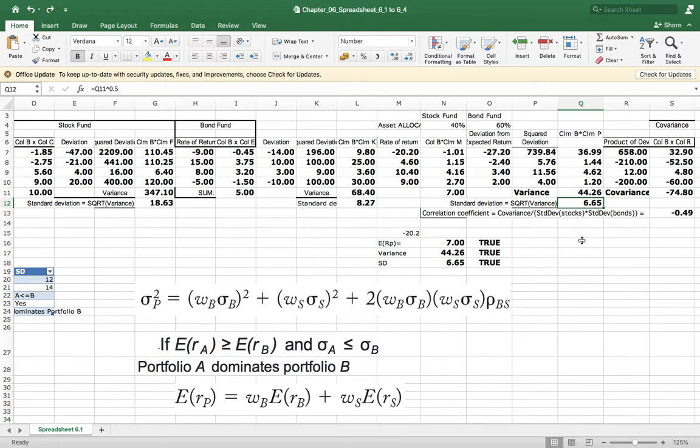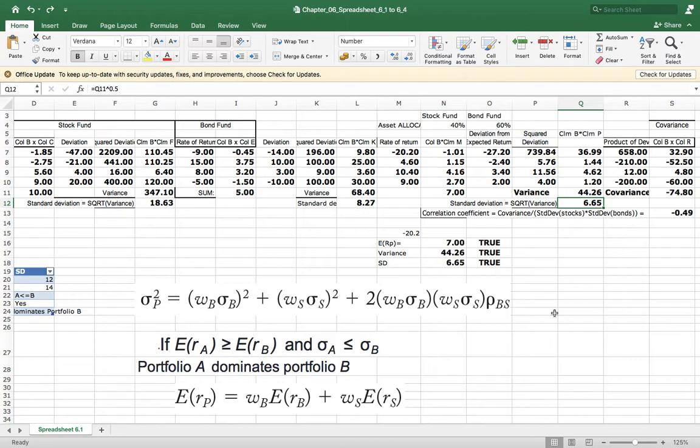Students, can you notice here, by making a proper diversification, still I cannot claim proper diversification, but seeing this I can say, if you are putting 100% of your money in the stock fund, your standard deviation will be 18.63. If you are putting 100% in the bond fund, your standard deviation would be 8.27. But if you put 60% in the bond fund and 40% in the stock fund, you brought down the standard deviation much lower.